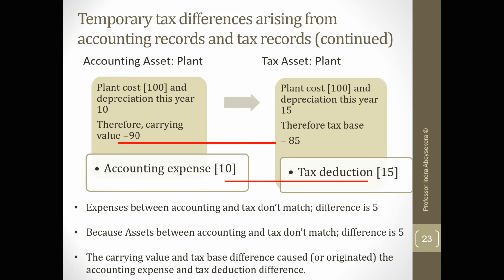But those changes taking place on the asset are then reflected on the income statement, because when the plant cost of 100 becomes a carrying value of 90, the difference of 10 is reflected in the accounting income statement as an expense. But they originate from the balance sheet, because it is the carrying value of the plant that has changed, and the carrying value of the plant is reported on the balance sheet.